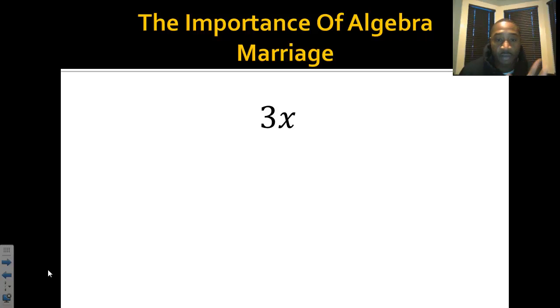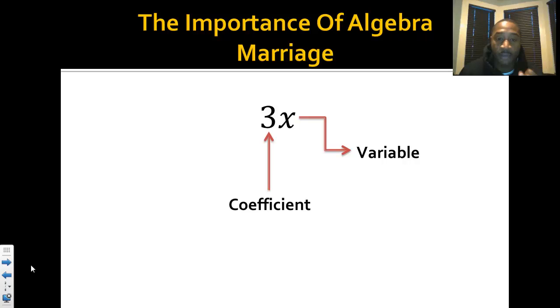This is not 3 with a multiplication sign. This is 3x. We know that x is an unknown, and all unknowns we represent with letters. It's a variable, all right? It's something that we don't know. We don't know the value of it yet, so we put an x. It's a variable. And the number that's tied right next to it is called a coefficient.